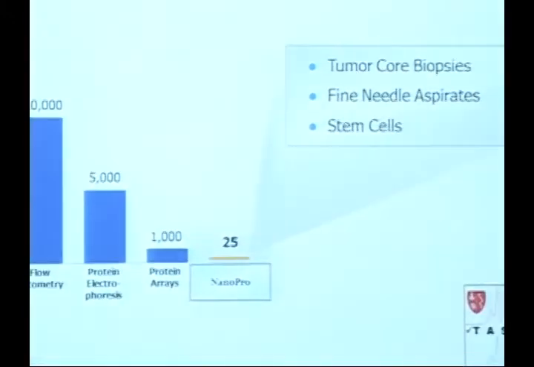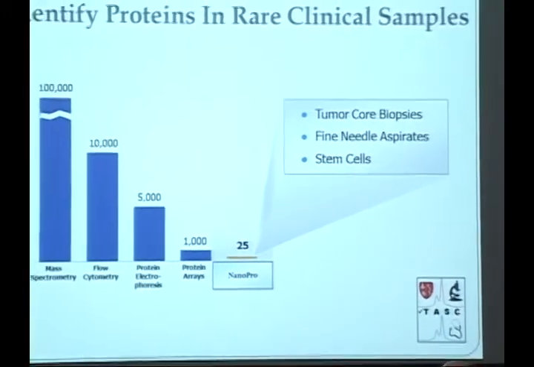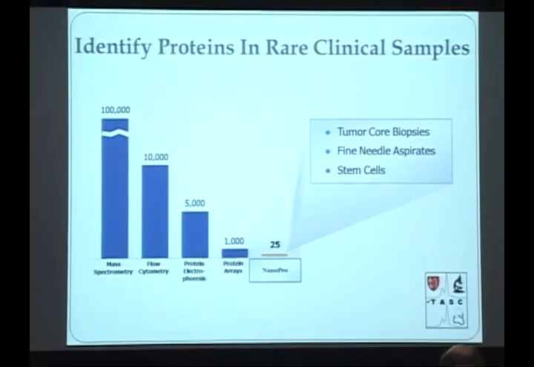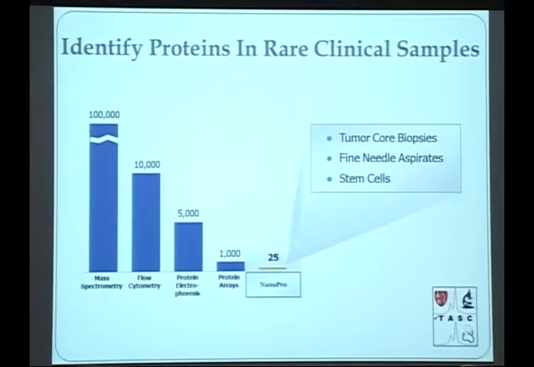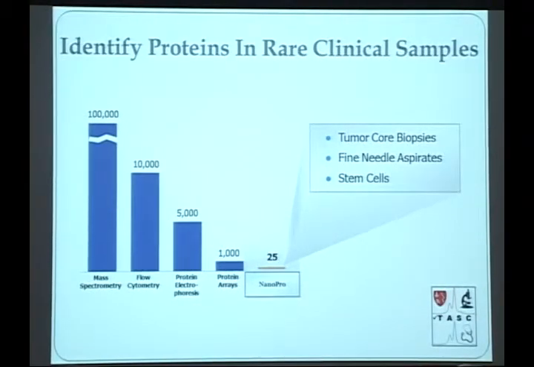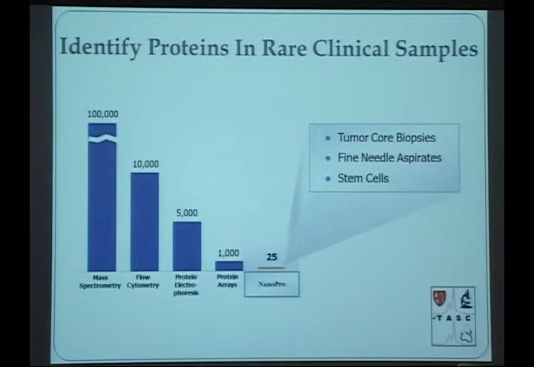So I just wanted to give you this. This is a very important slide because it will give you an appreciation for how powerful this method is. If you look at the more traditional ways to characterize proteins, the main challenge is that you always need a fairly large amount of sample input. For mass spec, you need at least 100,000 cells to start with, and with further advancement of technical methods, you can go down to maybe 1,000 cells with protein arrays.